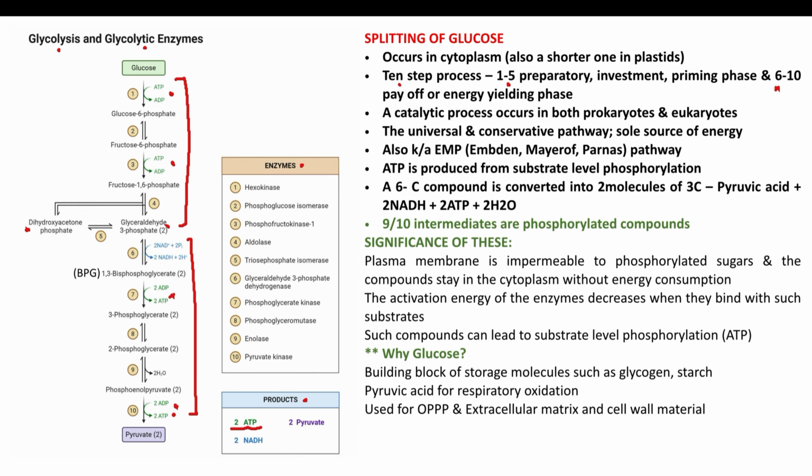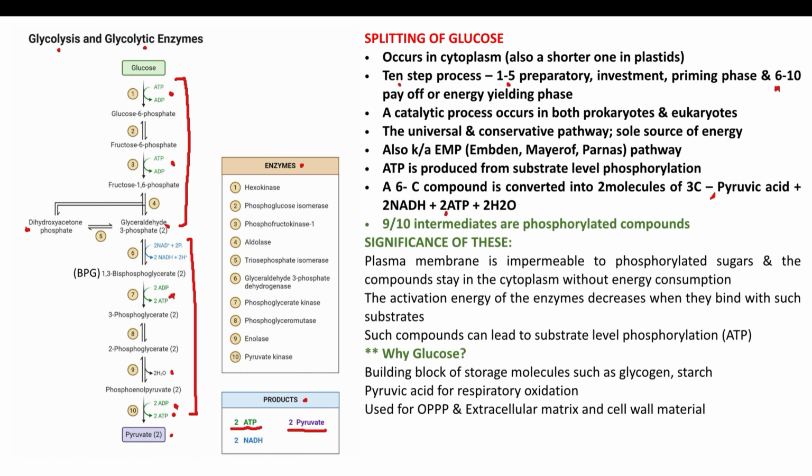We also should remember that water has been generated, and it is important to note that 2 molecules of pyruvate are formed, because the 6-carbon compound has broken down into 2 molecules of pyruvic acid, which is actually a 3-carbon compound.